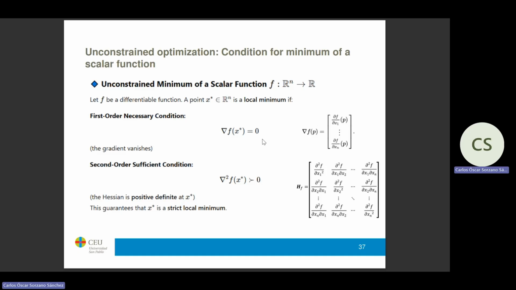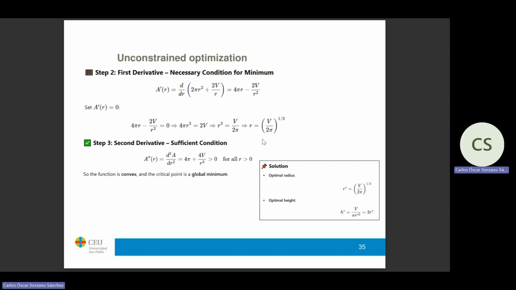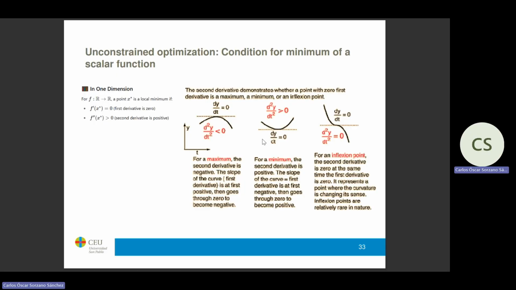So the first order necessary condition, it is first order because you have only the first derivative, is this one. But it has the same problem as in the one-dimensional case: just having the derivative equal to zero is not enough.